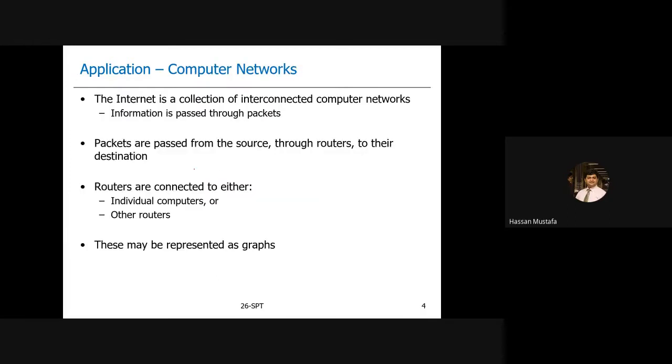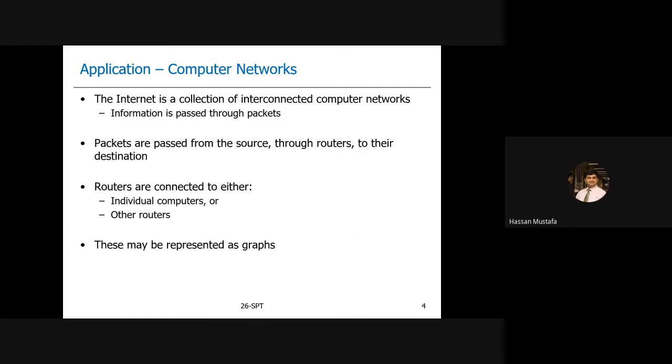Then an application regarding computer networks. The internet is a collection of different interconnected computers. We have all the computers in the world, connected via fiber optic or different wires, and they make a network, and the network of all those networks is the internet.